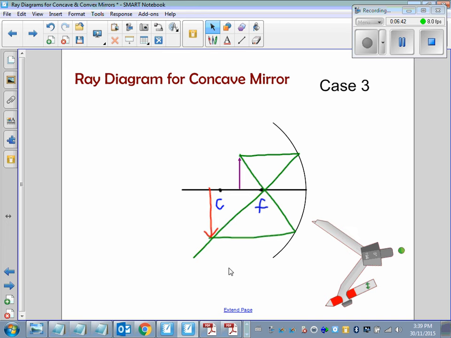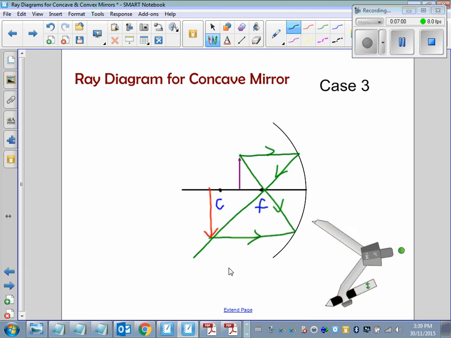Those rays that we took were the same rays: into the focal point, reflected parallel to the axis, and the ray parallel to the axis is reflected through the focal point. We could have also taken the vertex ray, which we talked about the last time.